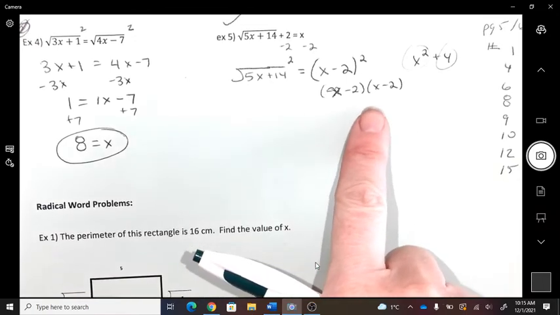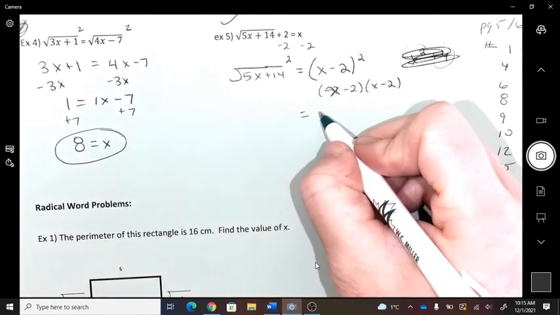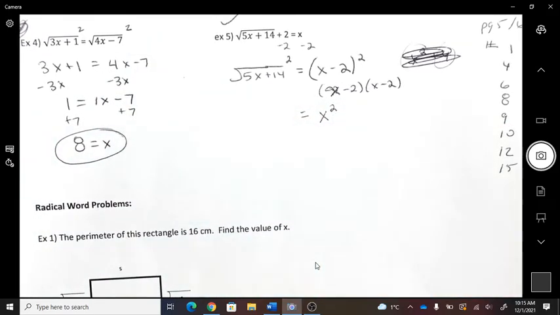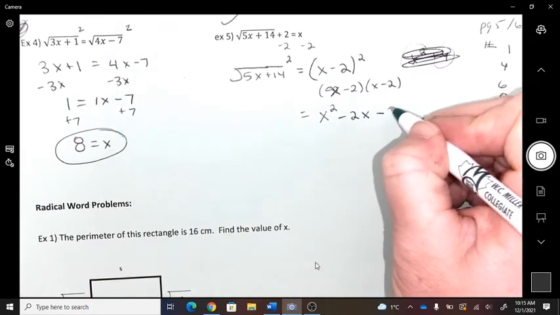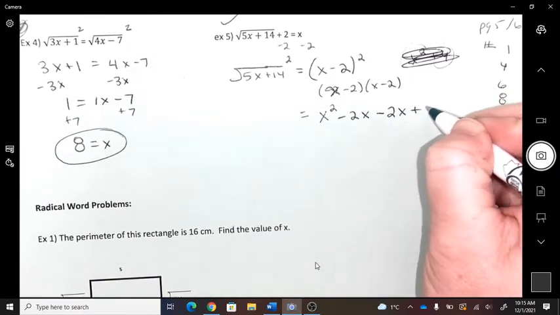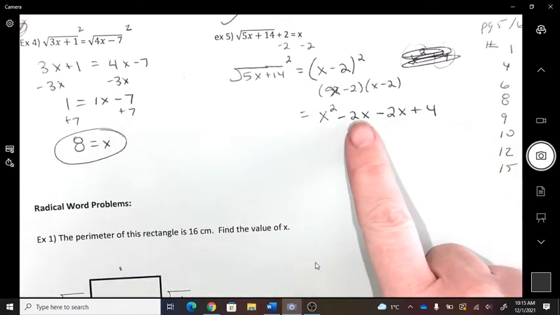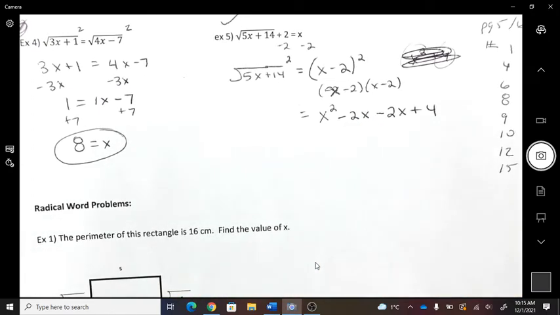So when you square a binomial unit, first, outside, inside, last. Some of you might be okay with doing those together right away if you're getting fast at those.